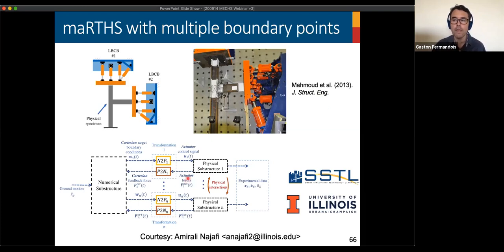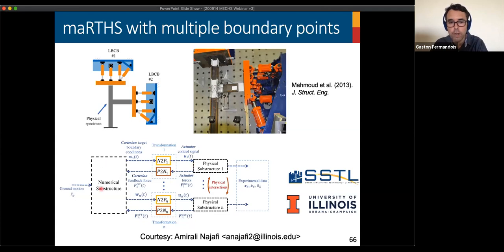So the main idea here is to bring this framework for multi-axial RTHS to try to solve this problem of how to conduct maRTHS with multiple boxes. Now, in this case, we have 12 actuators instead of 6. And the idea is the same.